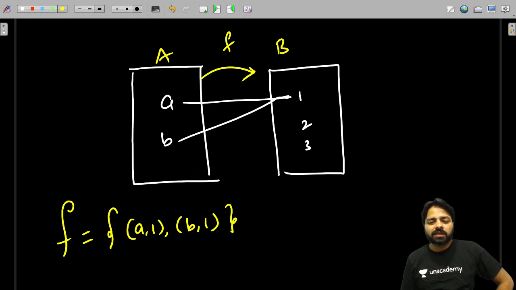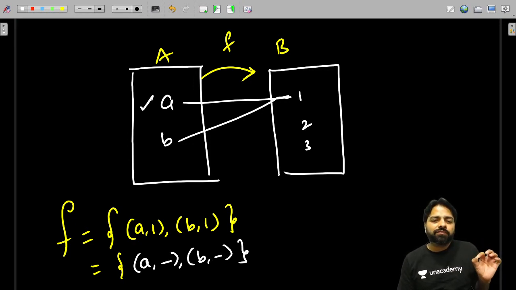If you observe here, in general f can be anything like this. In general, every element of the domain appears in exactly one pair.